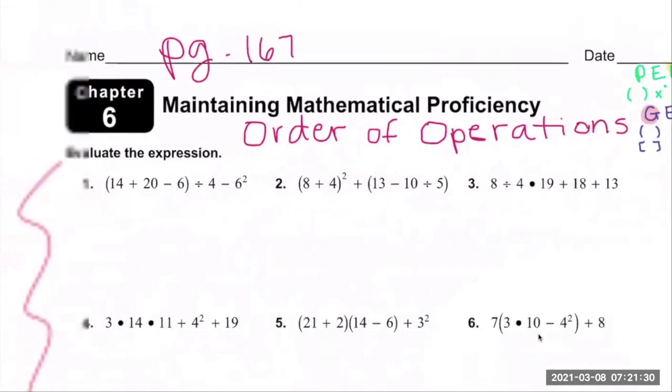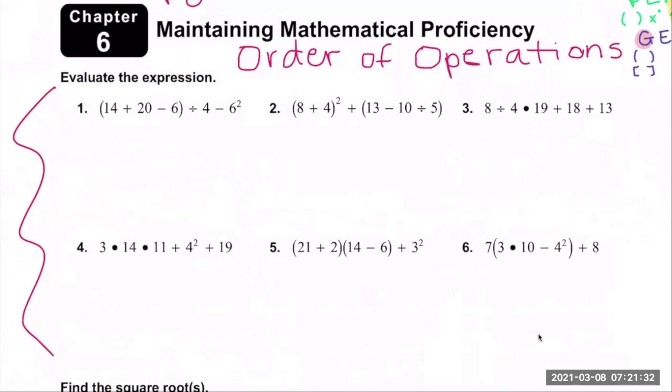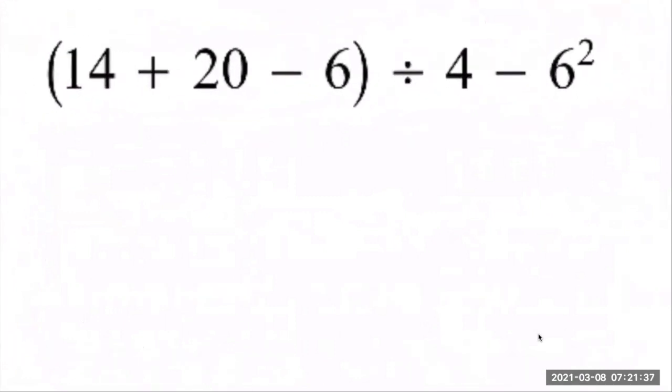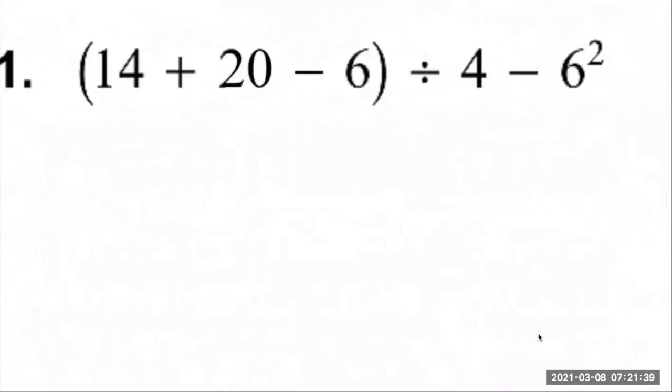I'm going to do a couple of these with you, and then I want you to try a couple on your own. Starting off with number 1. When I go through these, I like to go step by step. I want to make sure that I'm taking care of one thing at a time, not trying to do 17 things at once.